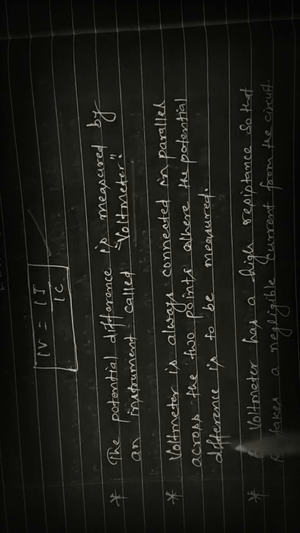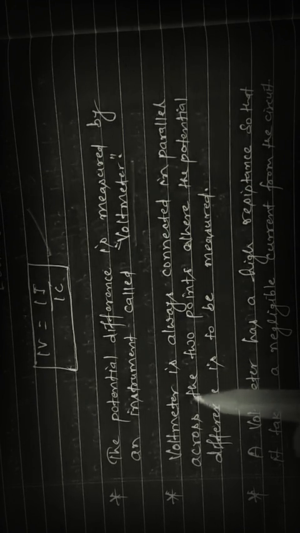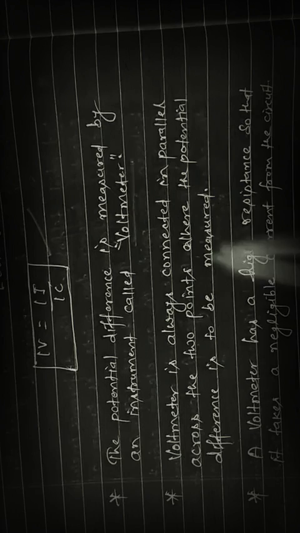I will tell you about that. Now the voltmeter is always connected in parallel across the 2 points where the potential difference is to be measured. What parallel is and how it can be connected, I will tell you in coming classes, so don't worry. Here you should learn only that the voltmeter is always connected in parallel across the 2 points where the potential difference is to be measured.